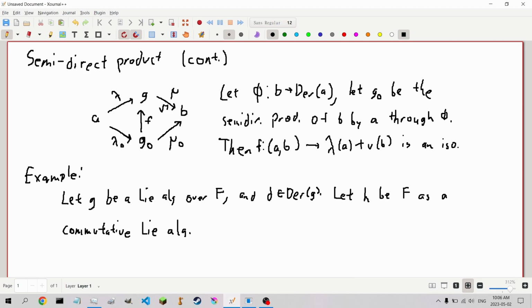H is a commutative Lie algebra, the set is just F, the addition is just the addition of F, scalar multiplication is just the multiplication in F, and the bracket is just 0.